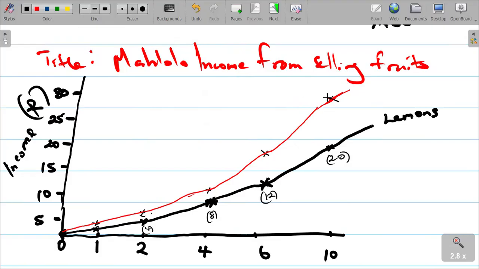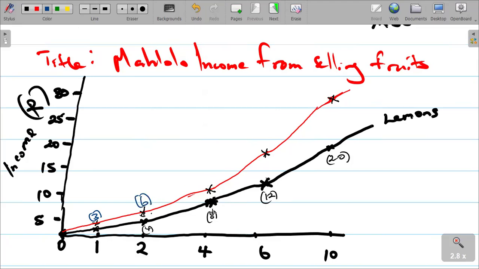As you can see, we have drawn our points. Our points are marked. So here, how much is this one? 3 rand. It is 3 rand there. It is 6 rand.